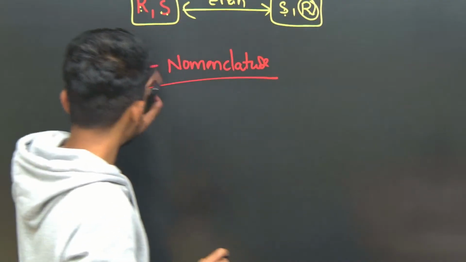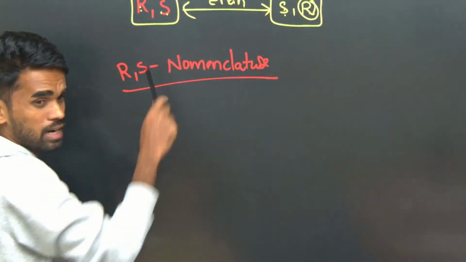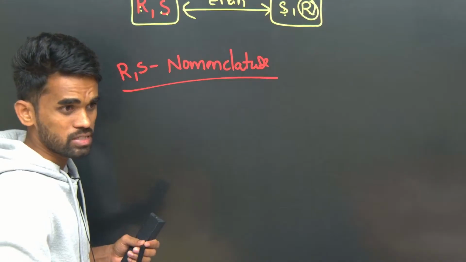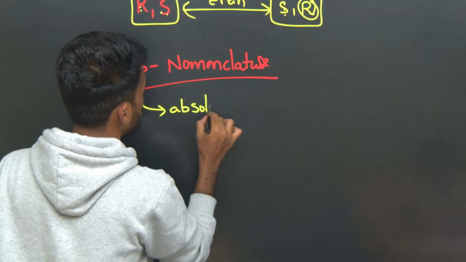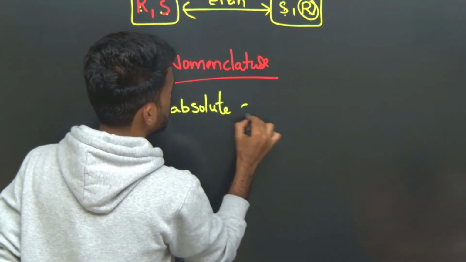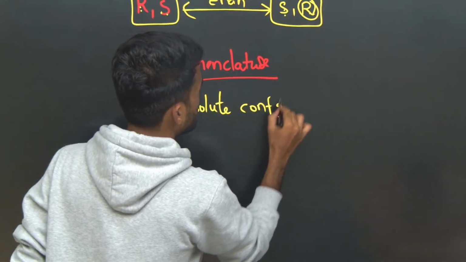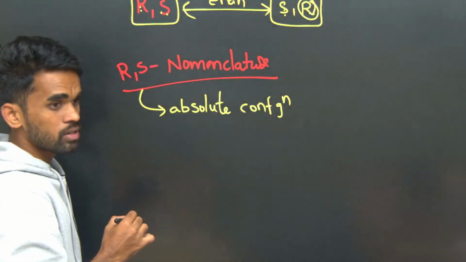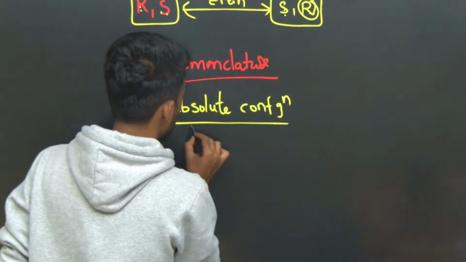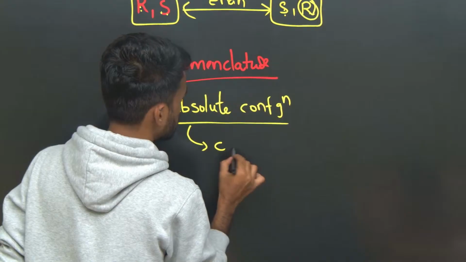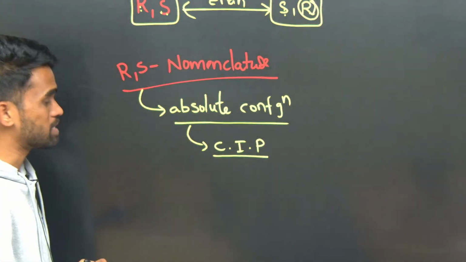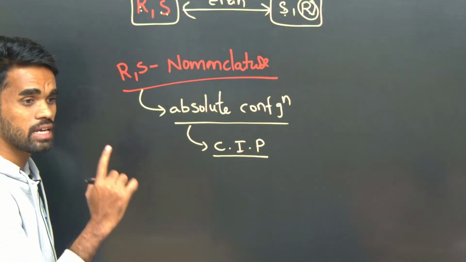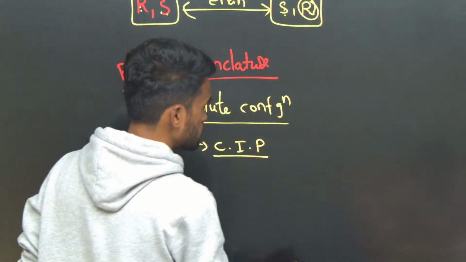To understand that, we'll make clarity about this RS nomenclature first. So it is an absolute configuration. What does absolute configuration mean? Using some standard set of rules proposed by Cahn-Ingold-Prelog, I am calling them CIP rules, we are assigning configuration at each chiral center.